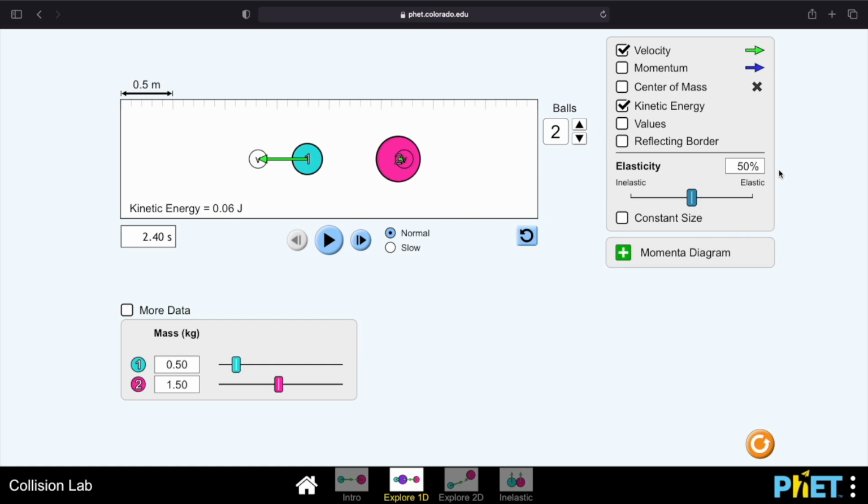But if the elasticity of collision has decreased, which means it's not fully 100%, the kinetic energy after the collision will be transferred to another form of energy, which is heat energy or sound energy. And since kinetic energy is equal to half mv squared, we know that the velocity of the particle will have decreased as well, with the mass remaining constant.